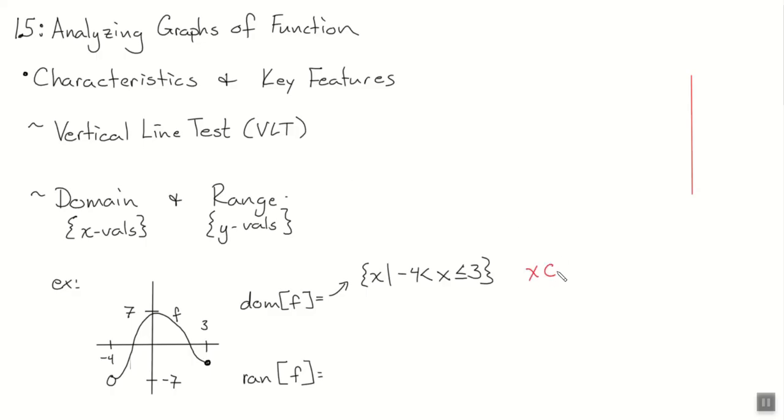We could say x is in an interval, a range that we just wrote down. You said it was from where? Negative 4 to how far to the right? 3. Do I include 3? Bracket. Do I include negative 4? Parenthesis. These say the same thing.